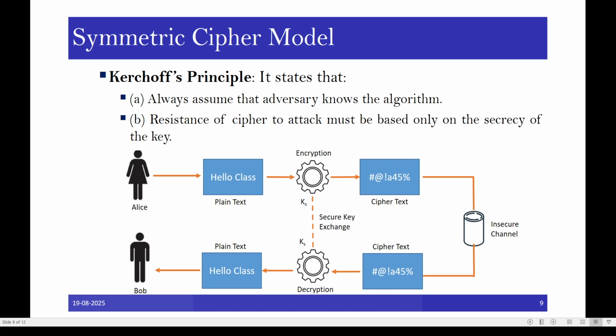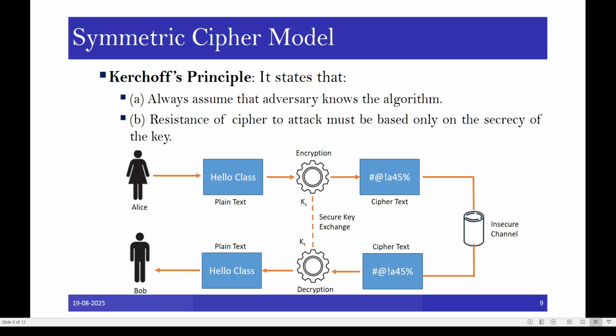That adversary may be the intruder, maybe a person who wants to harm you in an adverse way. So the adversary always knows the algorithm. Secondly, resistance of a cipher to attack must be based only on the secrecy of the keys. So you always need to bother about the secrecy of the key that is going to be used.